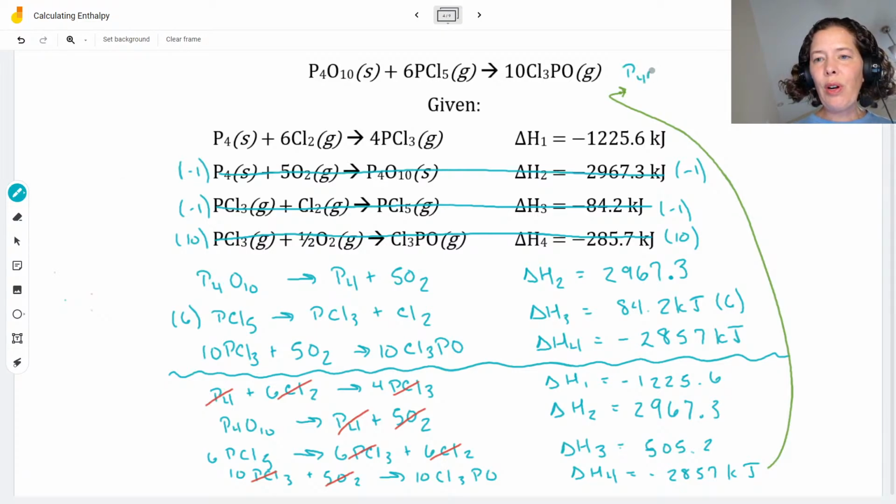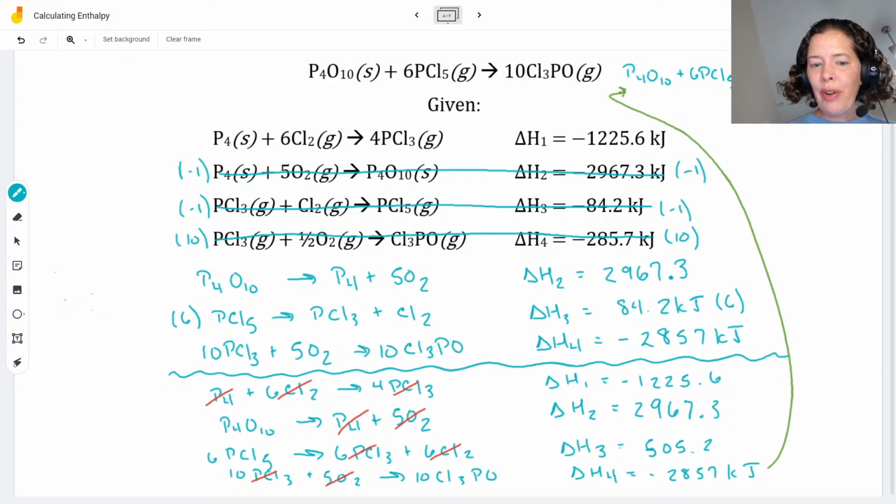So P4O10, that is correct. I should have my PCl5 as also a reactant. And yes, you can see I have no other reactants except for this 6 PCl5, which is exactly what I want. So this is looking really good.